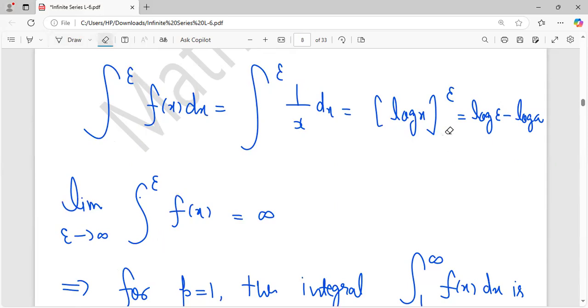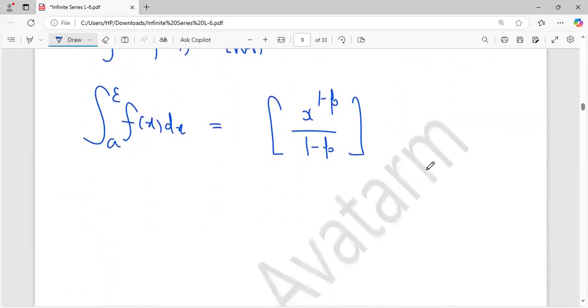This is actually log epsilon. So what is this?